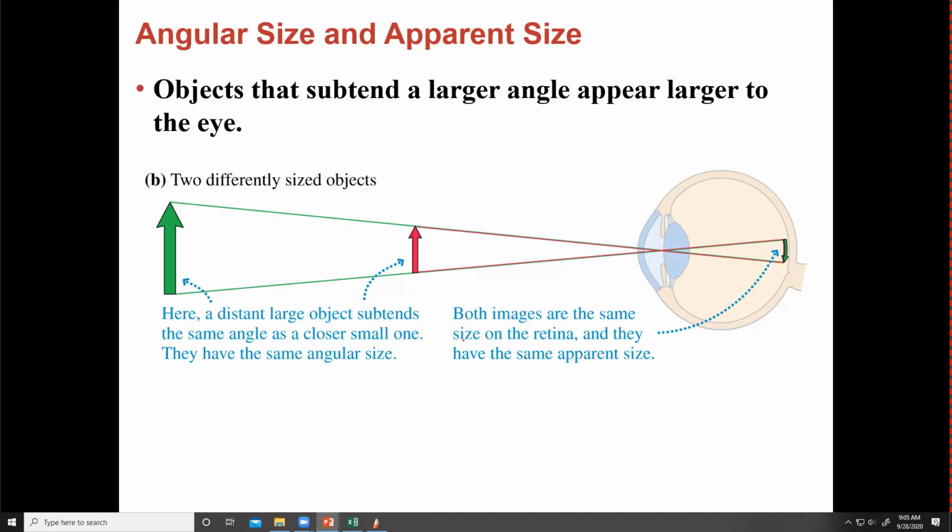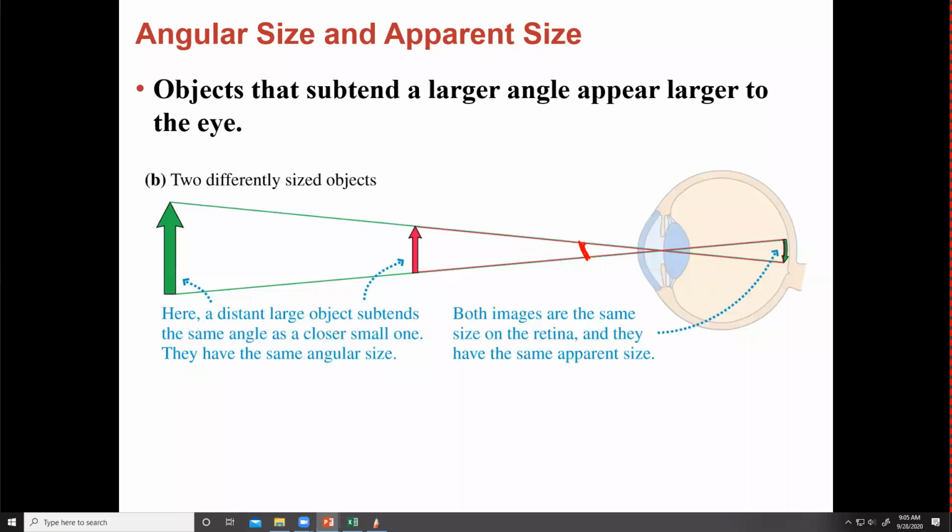Now, if the angular size is the same, no matter how big or small the objects are, they will appear to be of the same size. So you have a small object and a big object, but they subtend the same angle at the eye, and they will appear to be of the same height.